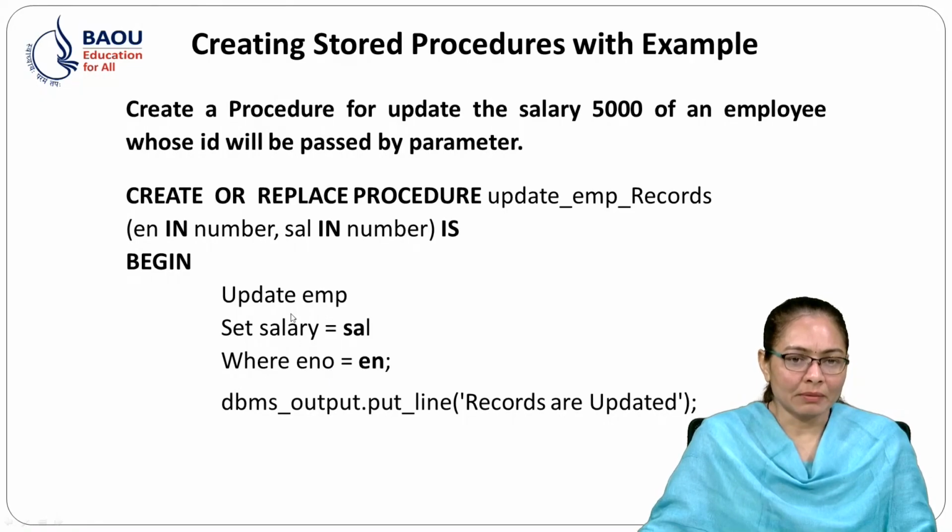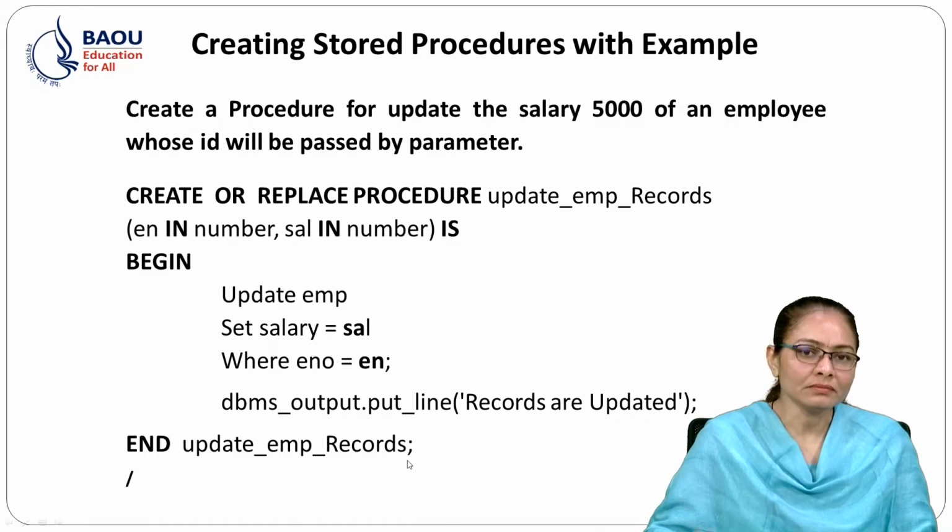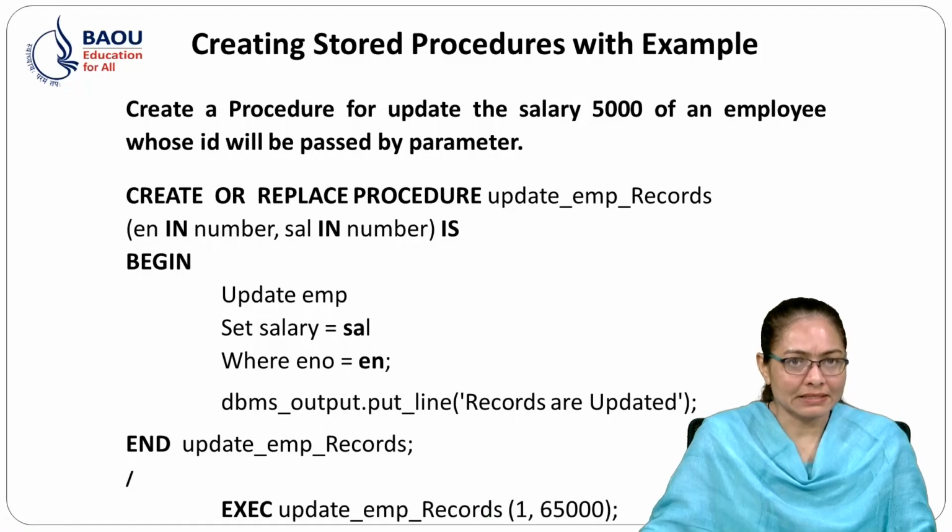After that, updating the records, it will display records are updated. At the end, the procedure will end. So END and then the procedure name. Here the name is the same as this name because the procedure ends. Now execute the procedure using the procedure name, passing the two parameters, like EXEC.